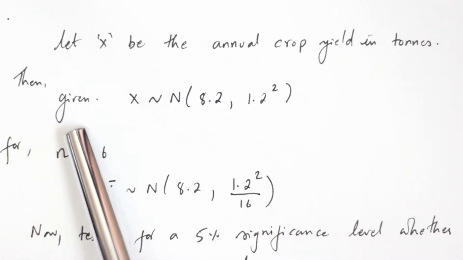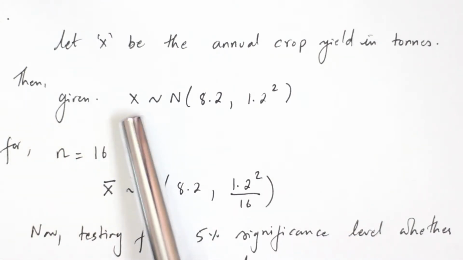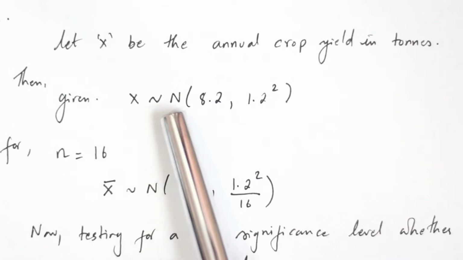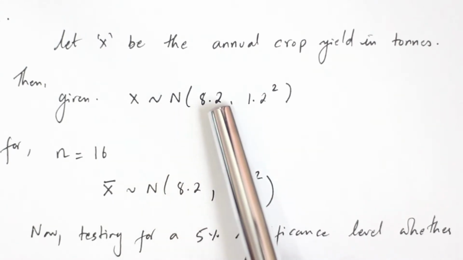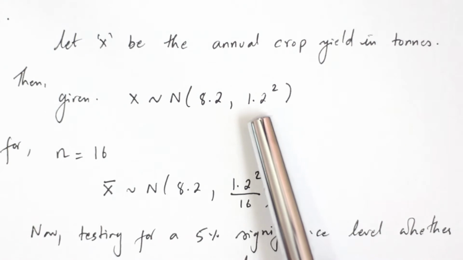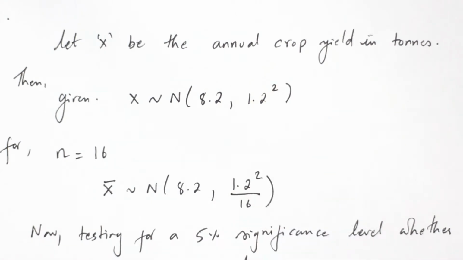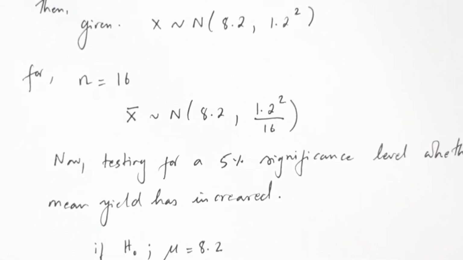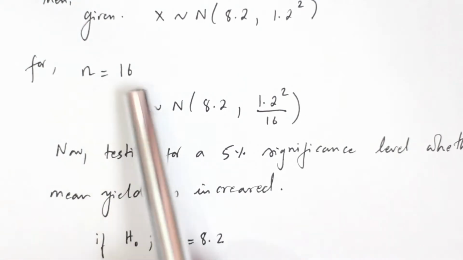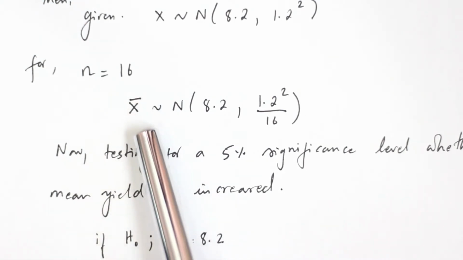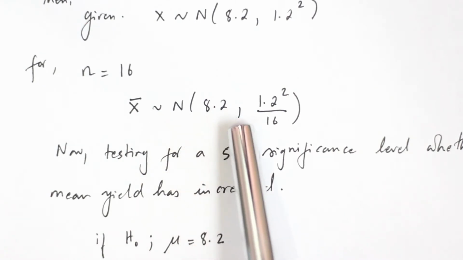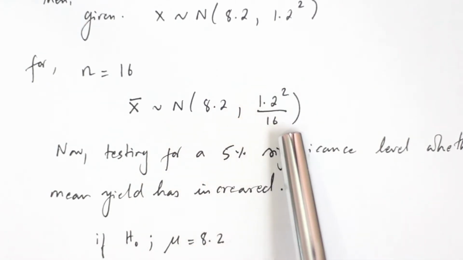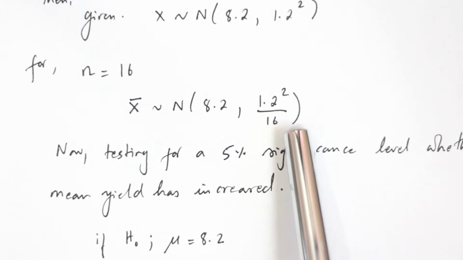Then, given X has a normal distribution with mean 8.2 and a variance of 1.2 square. Now for a sample of 16 years, we have our mean sample to be 8.2, 1.2 square over 16, right?